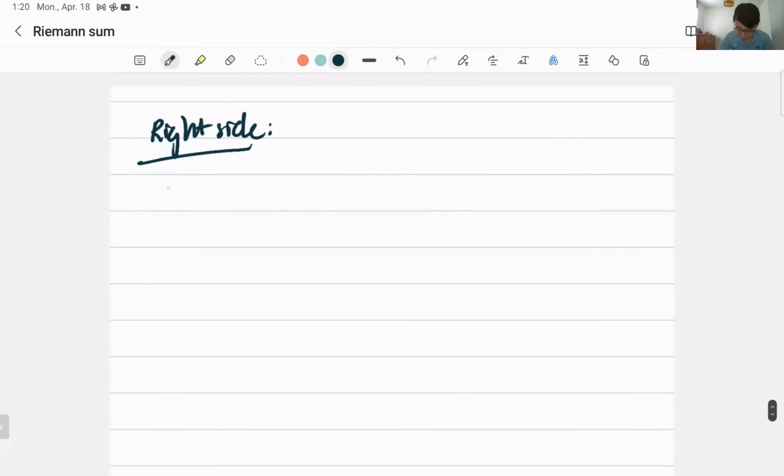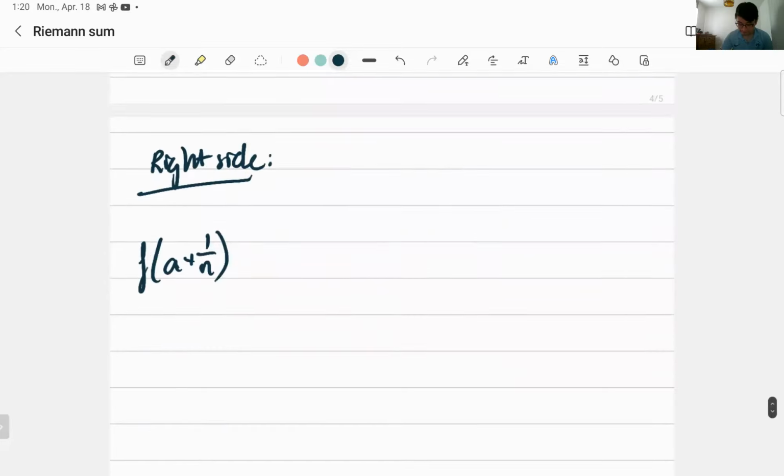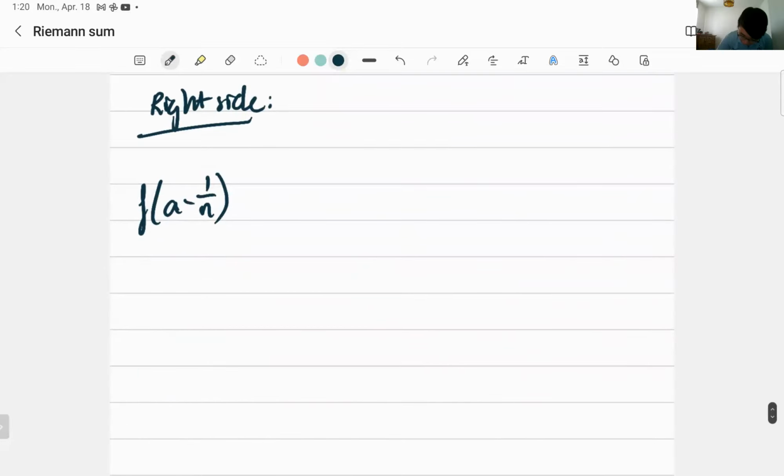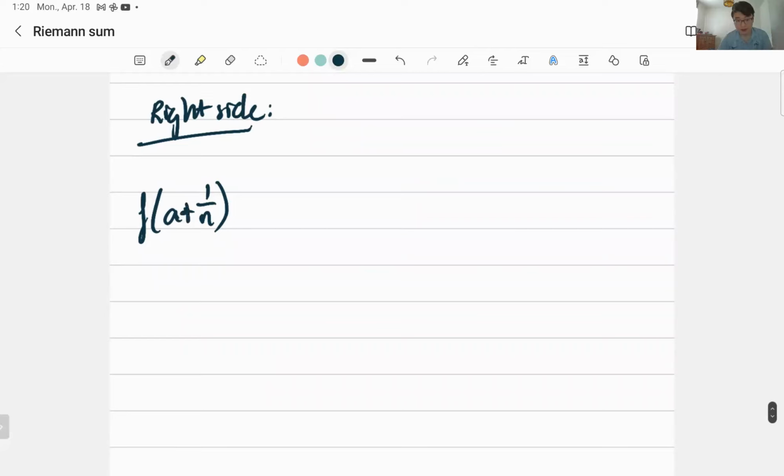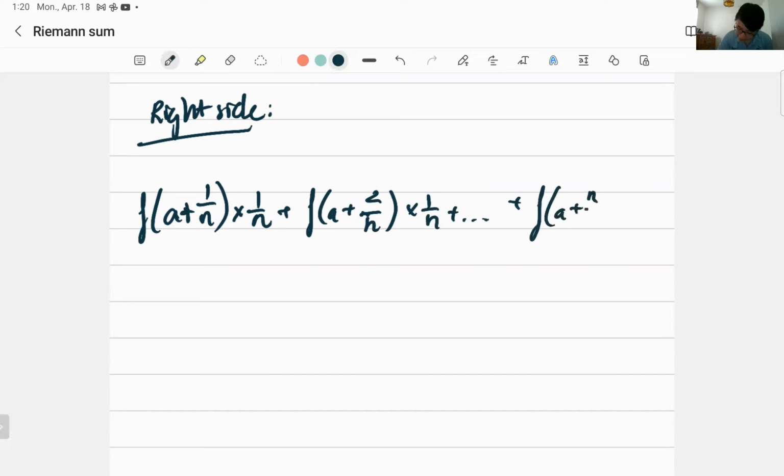So I'm not starting with 0 over n, but instead I'm starting with f of a plus 1 over n, right? So this is the right side of the rectangle. I should write everything properly so we can see it. Plus 1 over n times the width, and of course we keep writing, so plus 2 over n times 1 over n, right, dot dot, until I get f of a plus n over n, where n over n is equal to 1, times 1 over n.